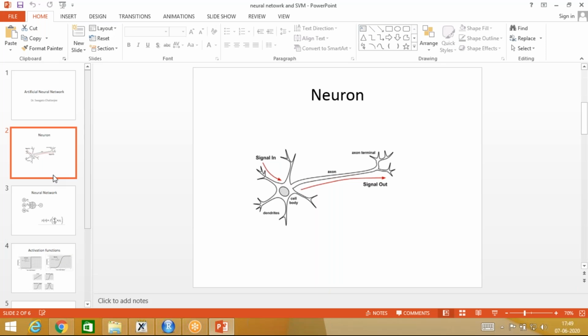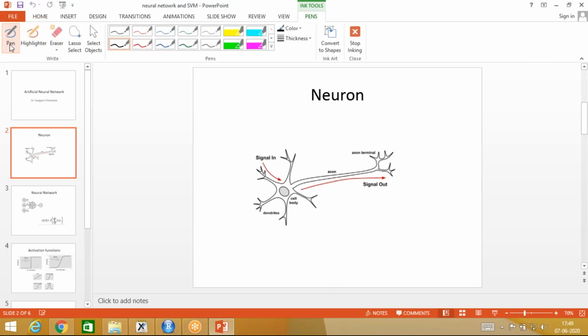So a single neuron cell looks like this, where there is a cell body and some dendrites. These are dendrites, and this is the cell body, and then this is the axon, which sends the information. So here the data gets inside.